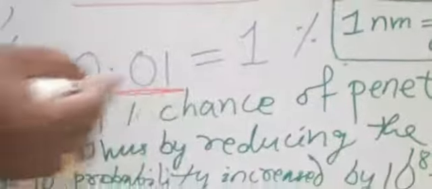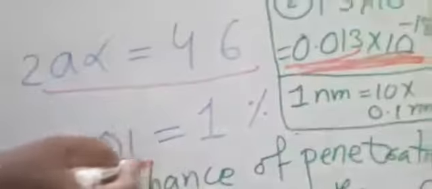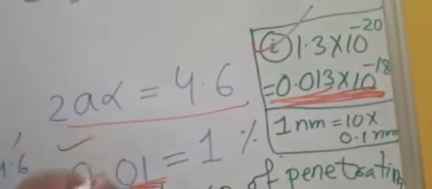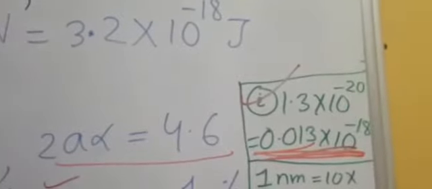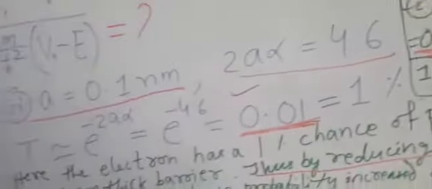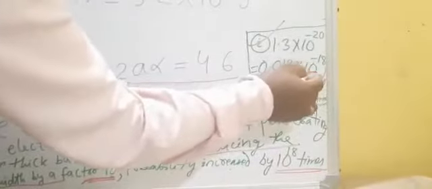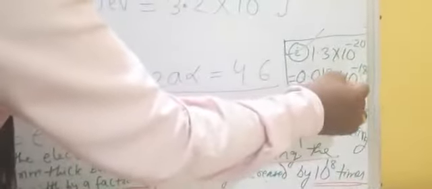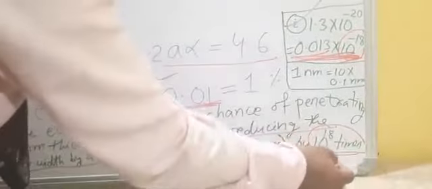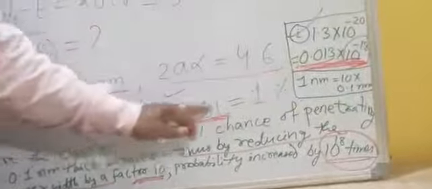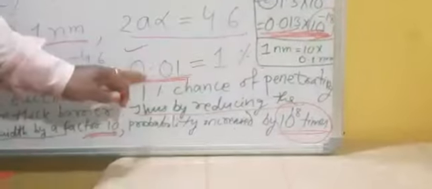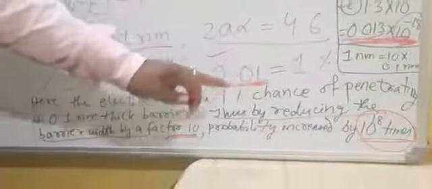So if you compare these two values, this is the result: by reducing the barrier width by a factor of 10, the probability increased by 10 to the 18 times. So it is the solution of the first problem.